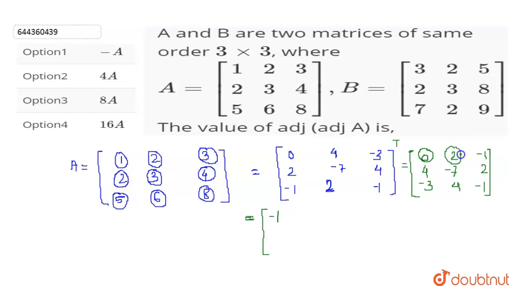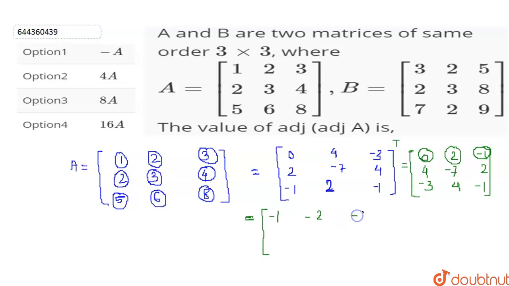Now for this entry, the matrix is 4 into minus 1 minus 3 into 2, so that gives us minus 4 plus 6, that is 2 with a negative sign, so this becomes minus 2. Similarly for this entry, we do the same process. So 16 minus 21, that gives us minus 5, and the sign remains the same, so we obtain the value of this as minus 5.